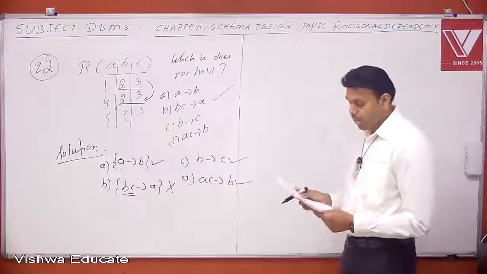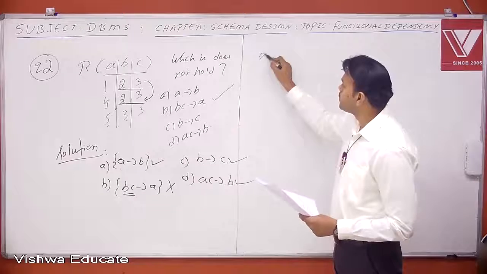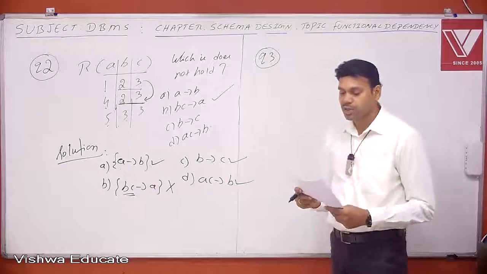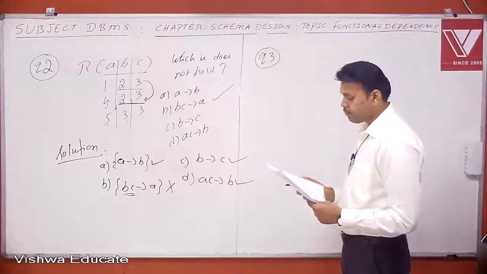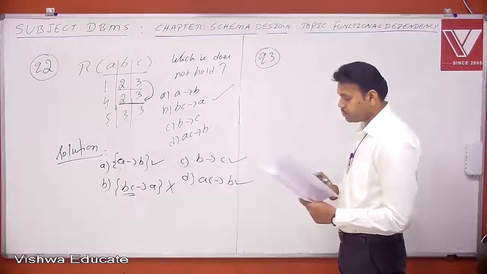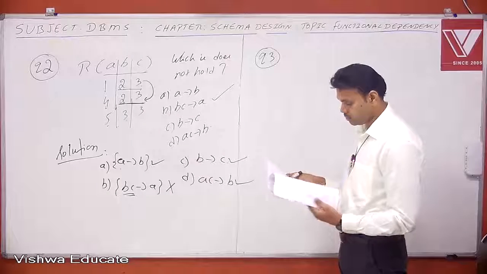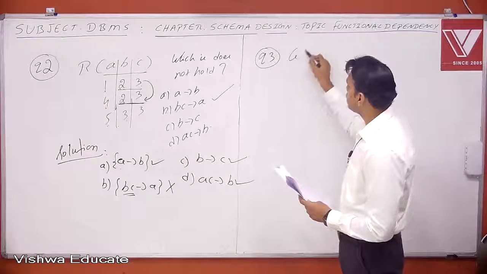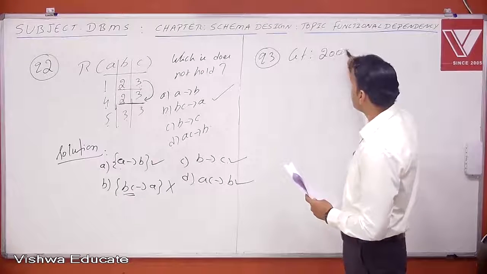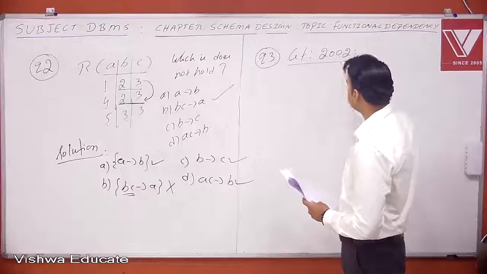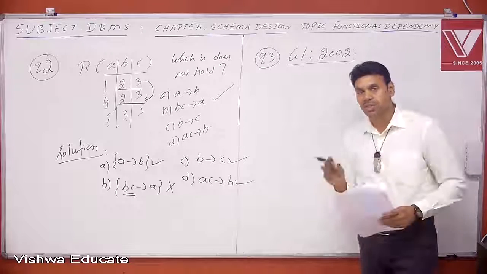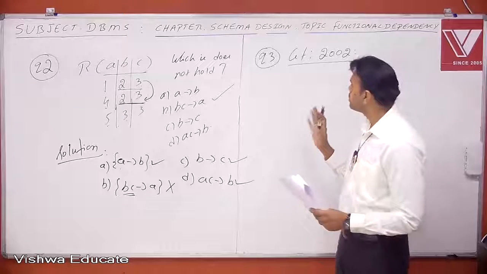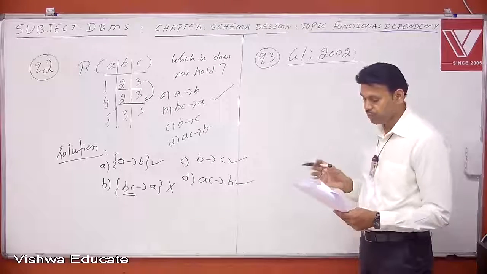So now we solve question number 3 of functional dependency of the classroom workbook. This was given in GATE 2002. Again I am repeating, question number 3 of the classroom workbook was given in GATE 2002.